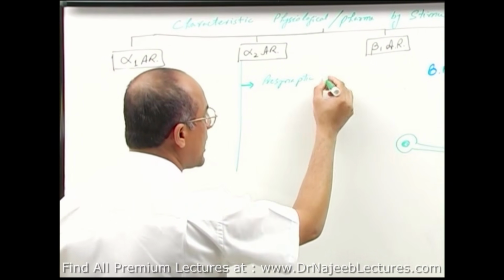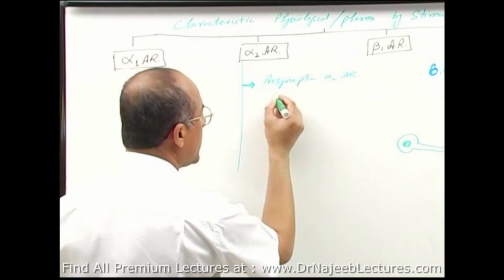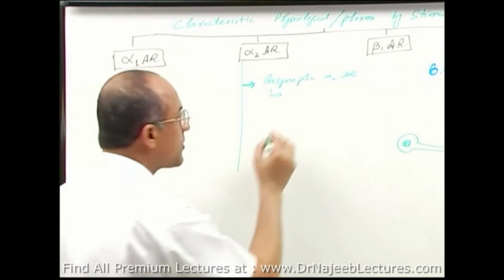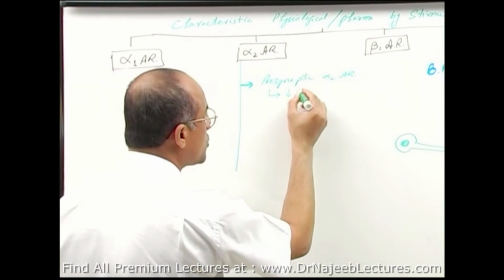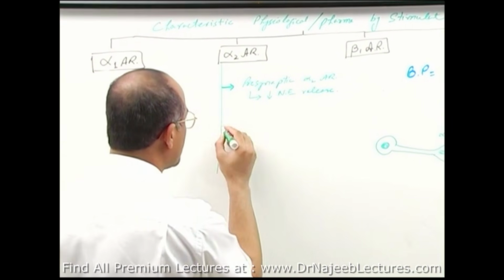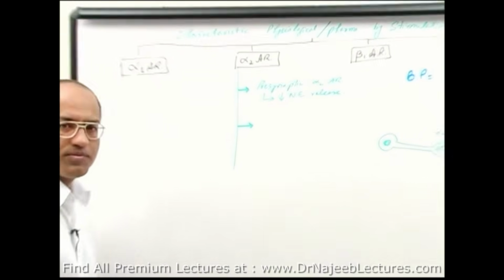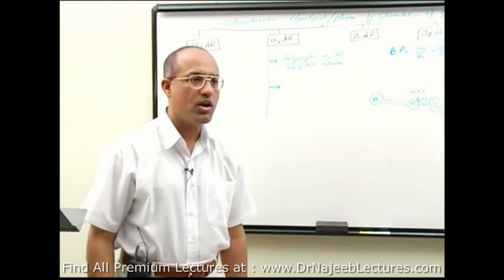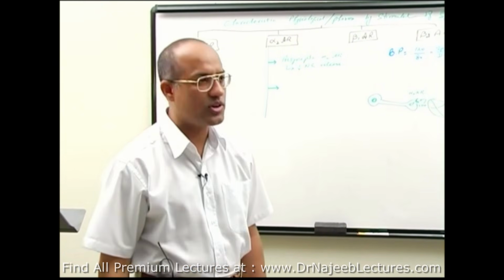Alpha 2 adrenergic receptor stimulation will lead to reduced norepinephrine release from the nerve ending. This is one action of the alpha 2 adrenergic receptor. What is another action of alpha 2 adrenergic receptors?